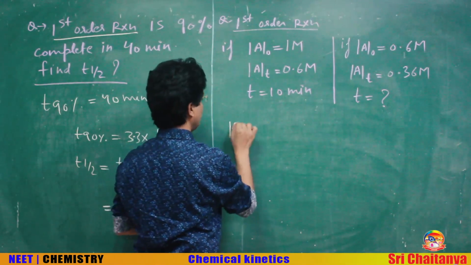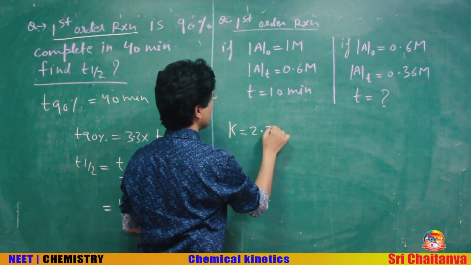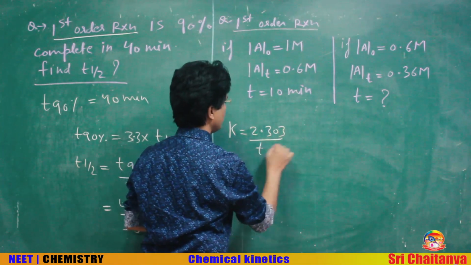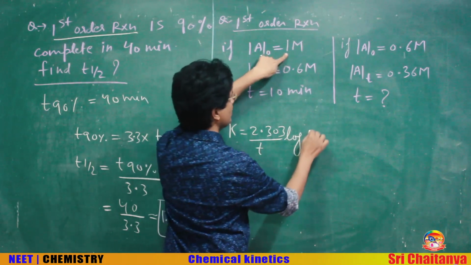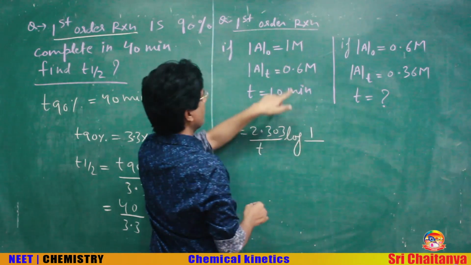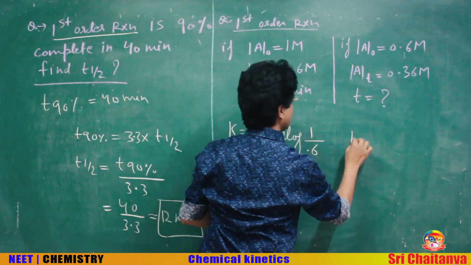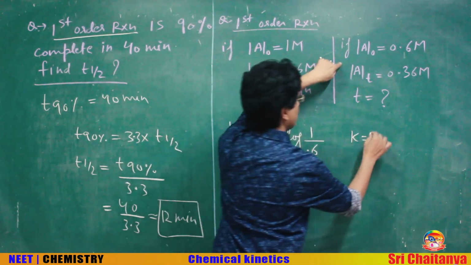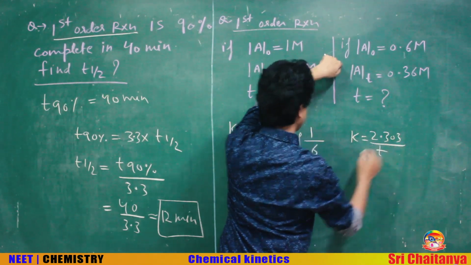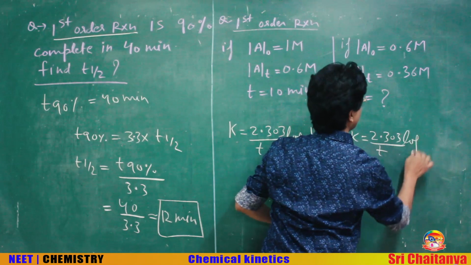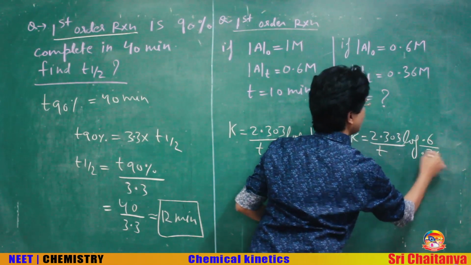So K for both of them will be the same. That will be 2.303 upon T log of A naught. A naught here is how much? 1 molar upon 0.6 molar. And K for this will be 2.303 upon T log of A naught, how much? 0.6 molar upon 0.36 molar.